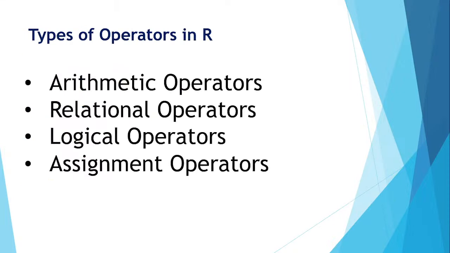Logical. Then we also have types of operators in R. We have arithmetic operators, relational operators, logical operators, and assignment operators, and I'm going to be explaining them one after the other with examples.